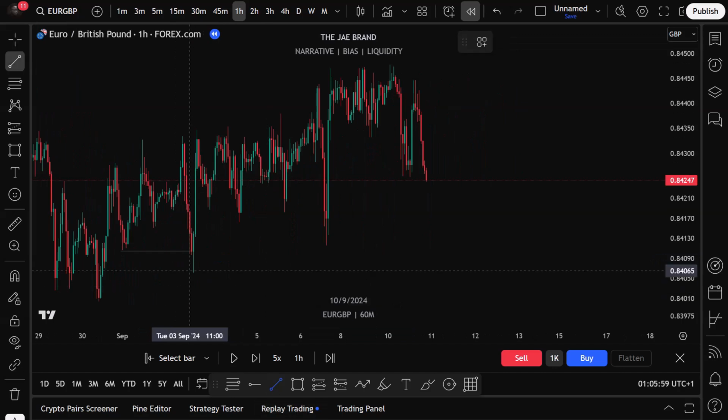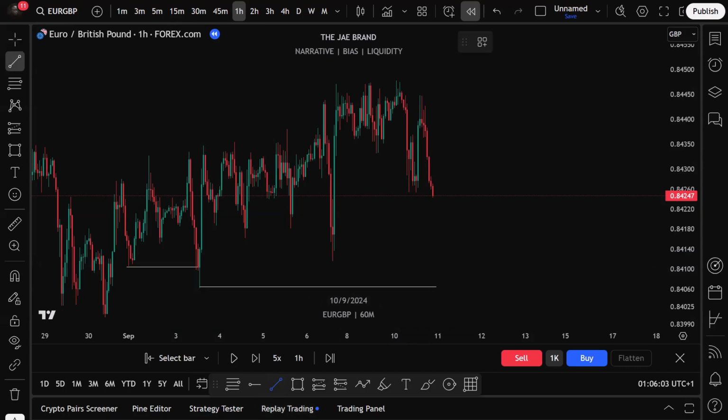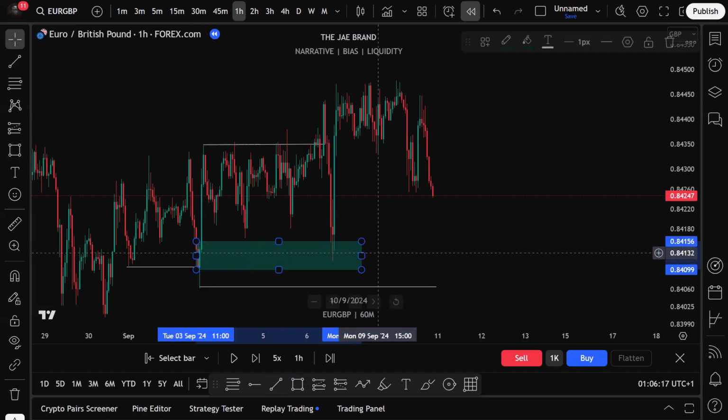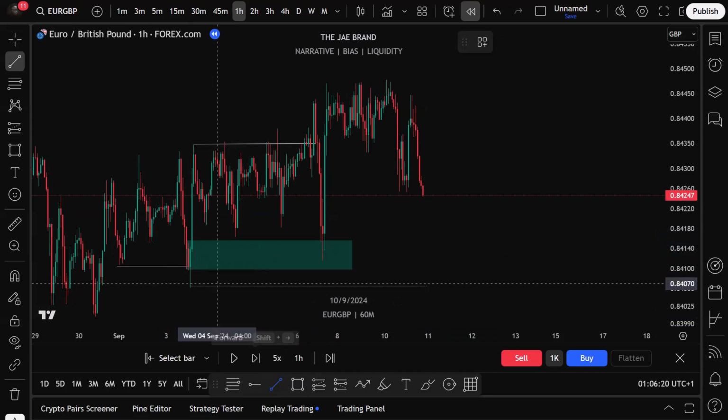Then this is supposed to be protected. This happens to be our break of structure, and there is another block which is our point of interest here. Okay, and our structural liquidity.